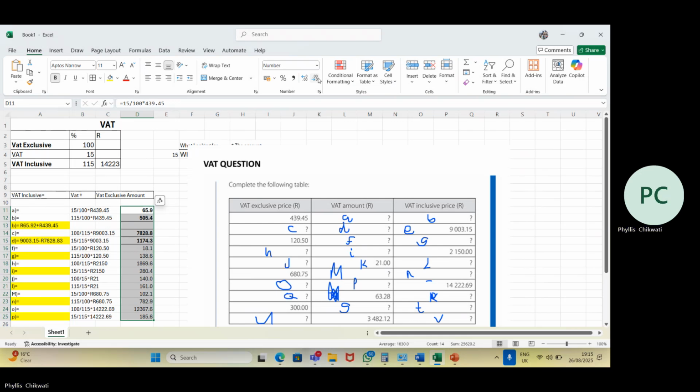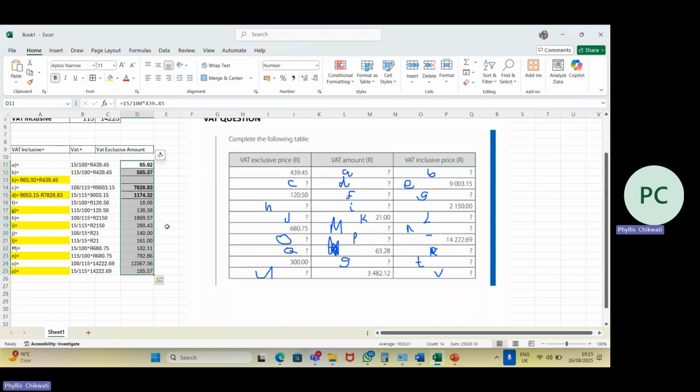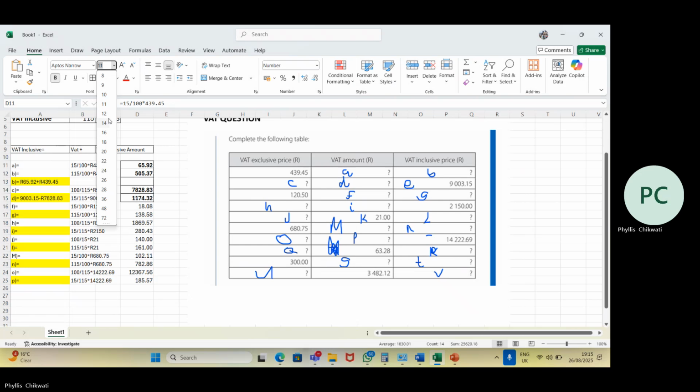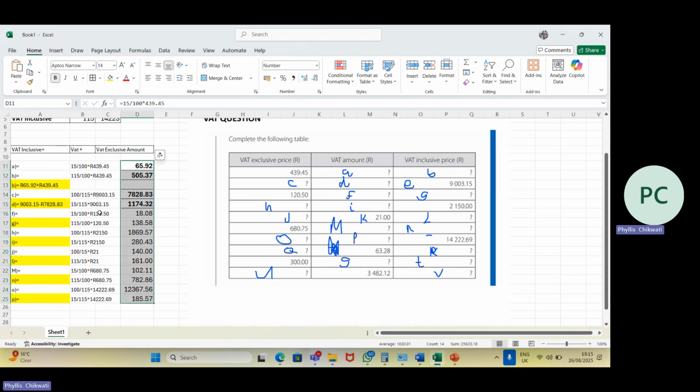Say two decimal places. Then of course our answers, I need them a little bit bigger. So this is our answers to the question.